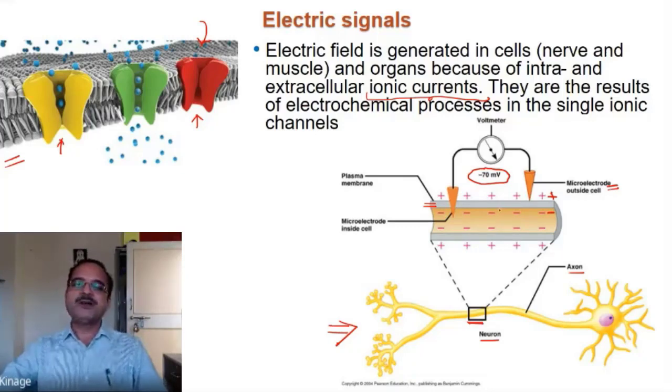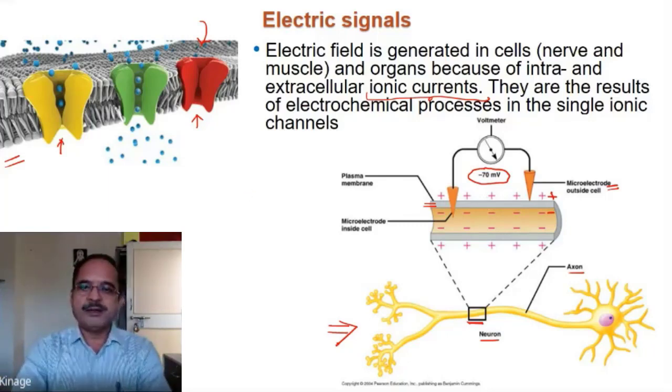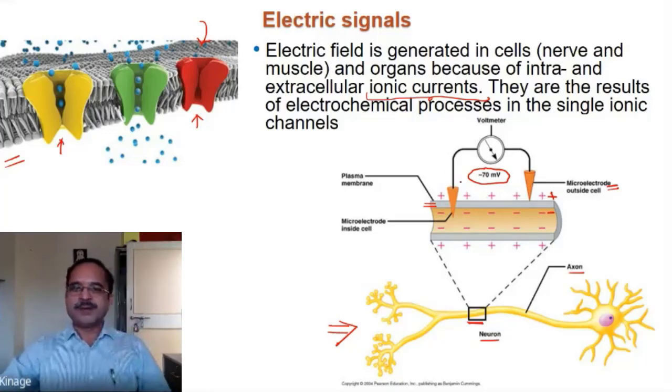See, minus 70 millivolt is not a standard figure, it's a typical value. The value may be within the range somewhere between 60 to 100 millivolts actually, but minus 70 millivolt is the typical value. So this is the potential when our body cell is under resting state. That's why it is called the resting potential.